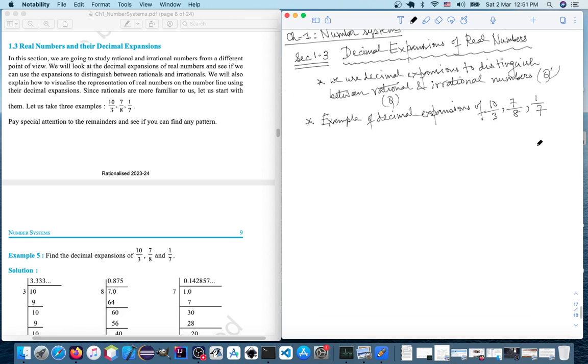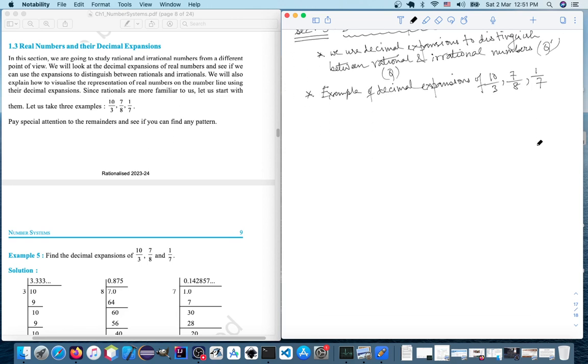So let's do the decimal expansion. You have already learned this in your previous classes. Using the long division method, let's divide 10 by 3 and find the decimal expansion.